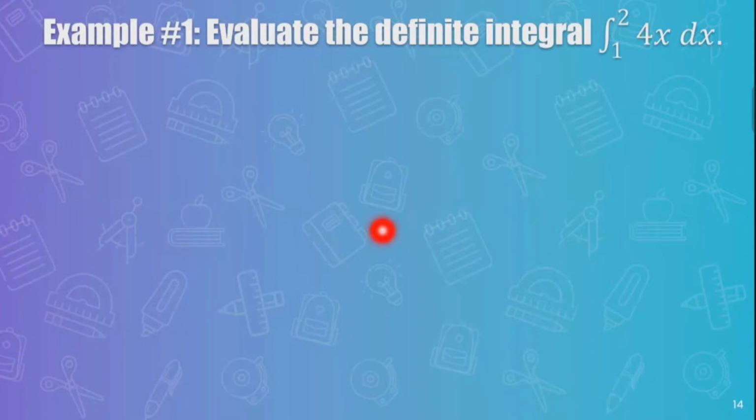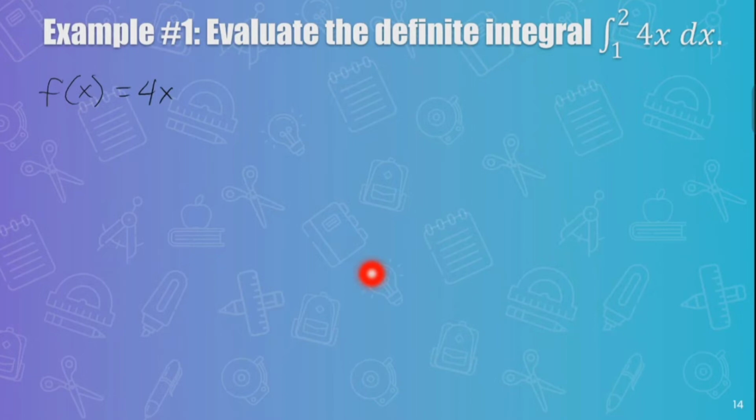Example number 1. Okay? Katulad ng sinabi ko, every time na nag-solve tayo ng definite integral, kailangan po muna natin i-integrate yung function. Yung function po natin is si f of x is equal to 4x. Alright? Kailangan po muna natin siyang i-integrate. Ma'am, paano po siya isulat?